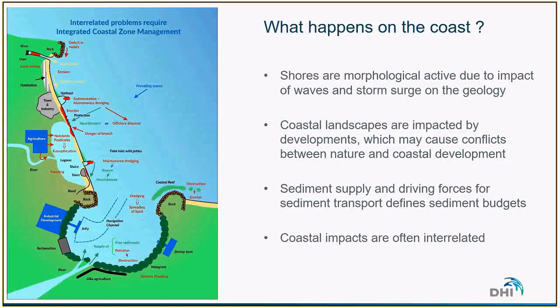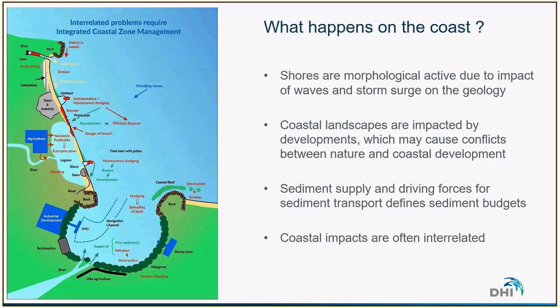And there are also towns and industries. We know that nowadays there is an increased pressure on the coast. More and more people want to live close to the coast. There are more and more habitations on the coast. There are also larger harbors due to larger ship traffic. So all this leads to an increased pressure on the coast.